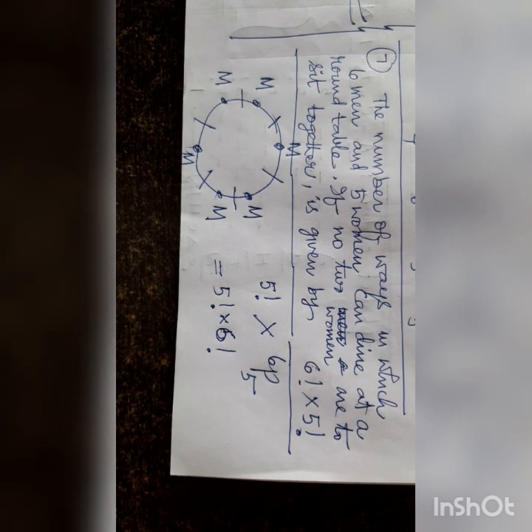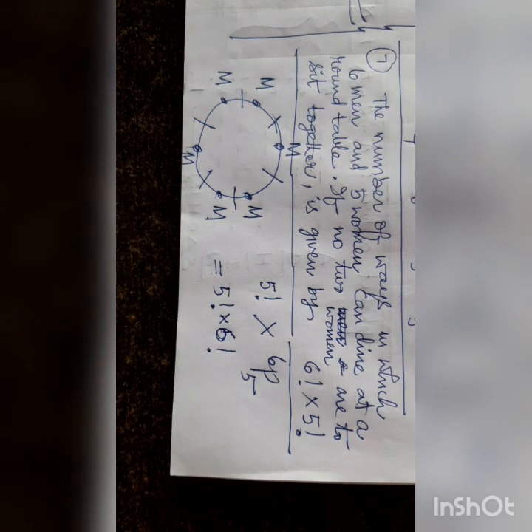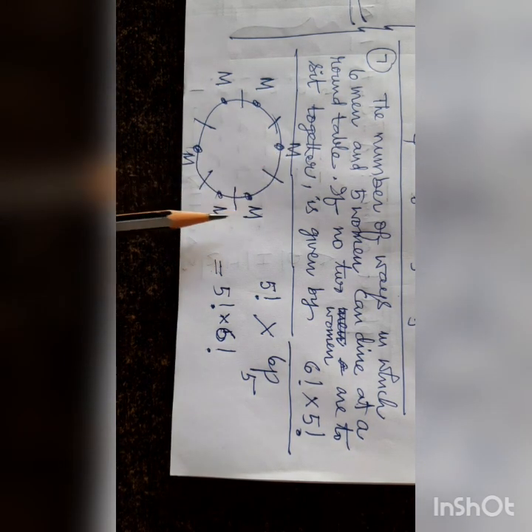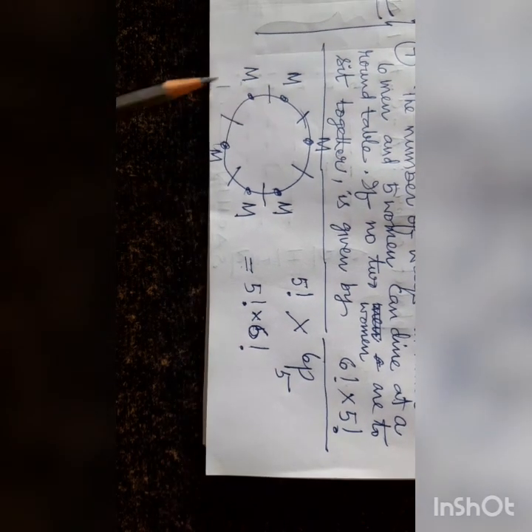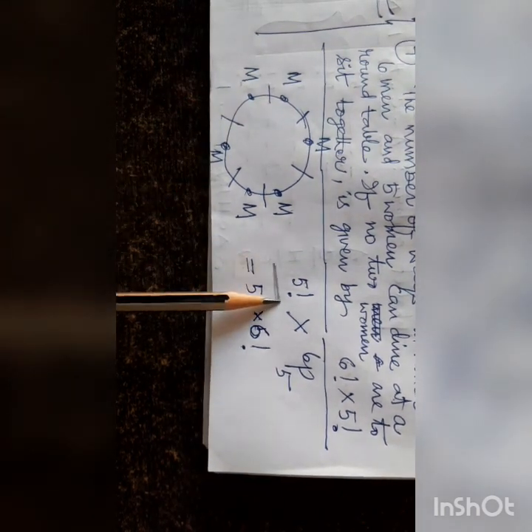How many ways? 6 minus 1 factorial, 5 factorial ways. 1, 2, 3, 4, 5, 6 men.